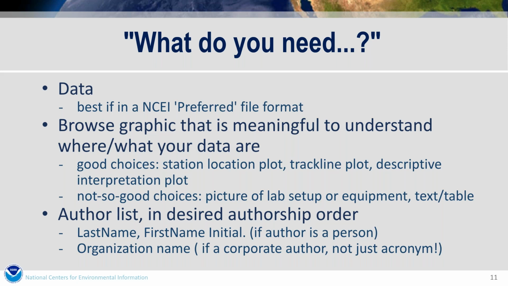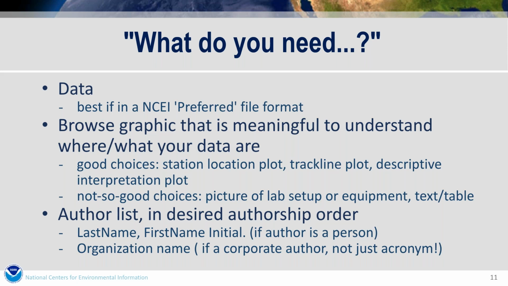And another thing that is necessary for DOI purposes is an author list in the desired order. So, who's the first author, who's the second author, and so on. And using standard bibliographic citation structure is beneficial: last name, comma, first name, initial, whatever, if it's a person; organization name, if it's a corporate author.